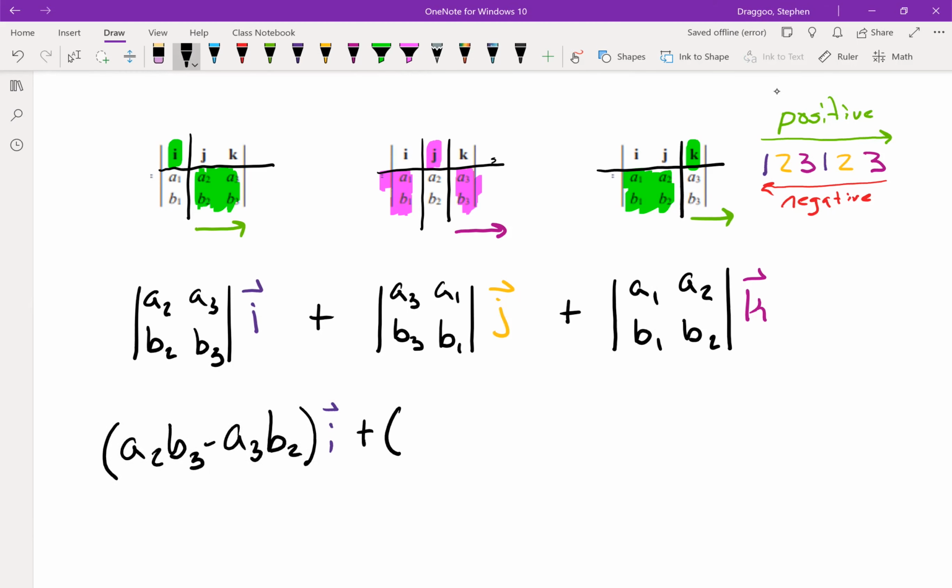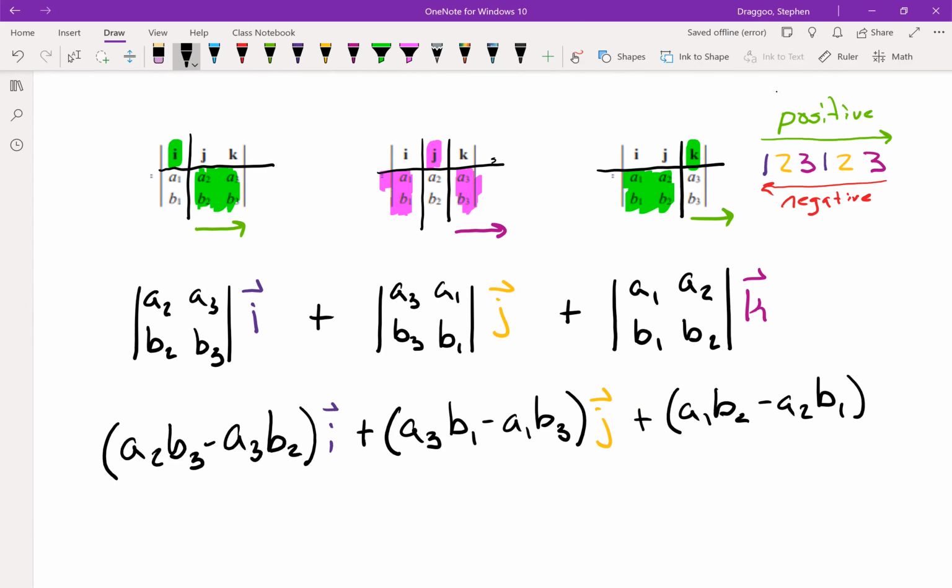Plus A3B1 minus A1B3 times the vector j, plus A1B2 minus A2B1 times the basis vector k. And this is the cross product of A and B. So the vector A cross the vector B.